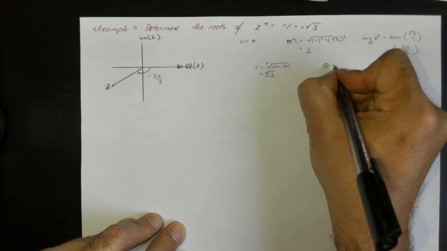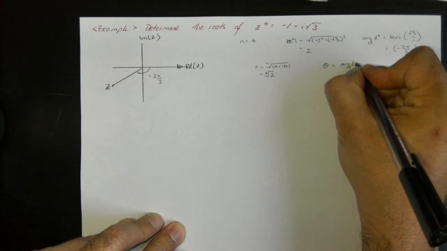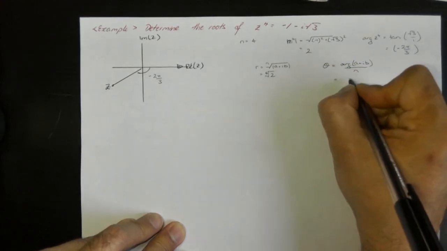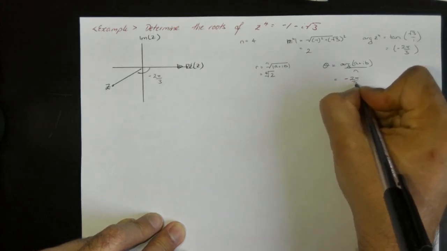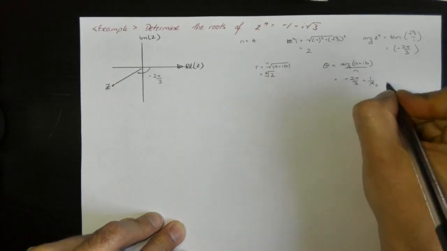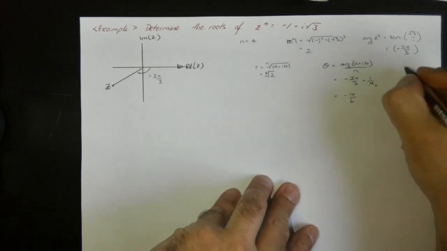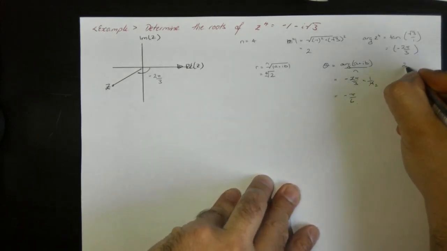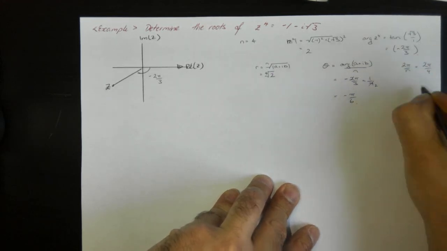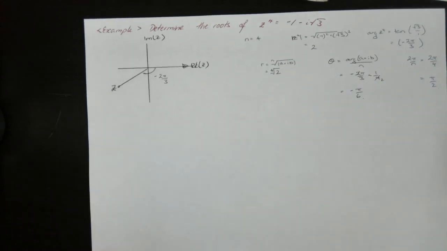And my theta will be the argument of that over n, so negative 2 pi on 3 divided by 4, which is times it by a quarter, so is negative pi on 6, and then obviously the change is that 2 pi over n, so this way it should be 2 pi over 4, so it'll be pi over 2. Okay.